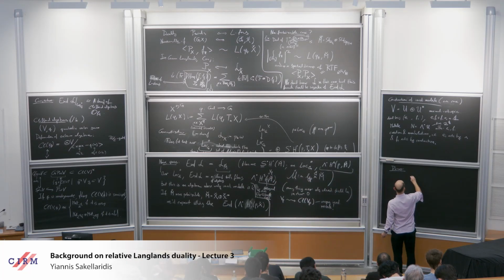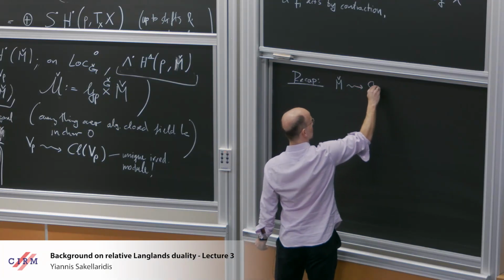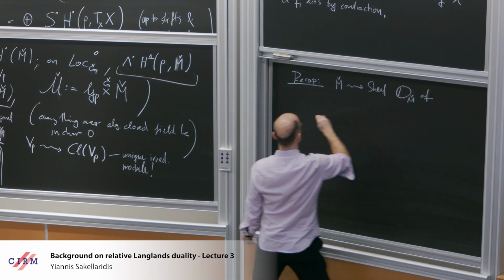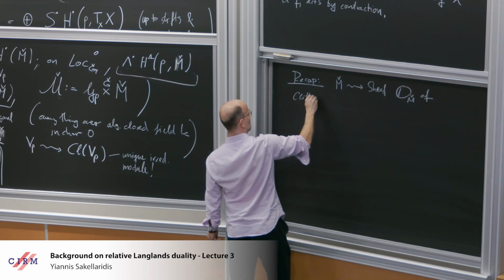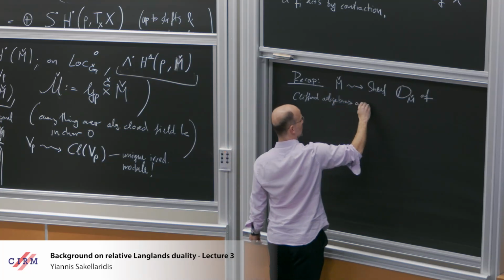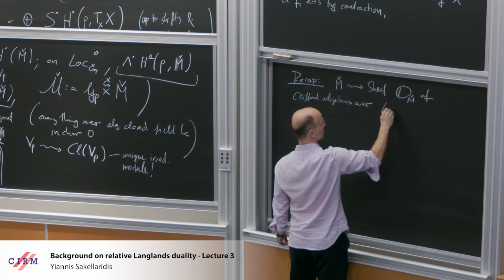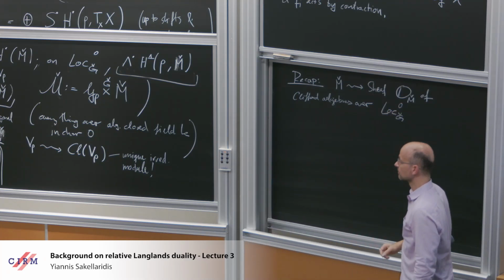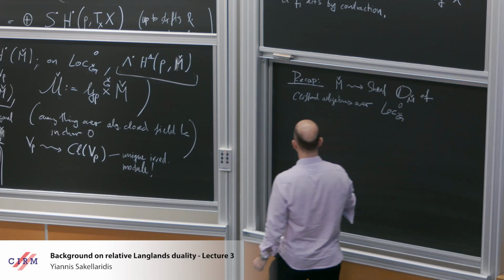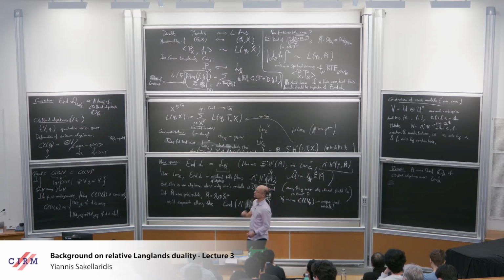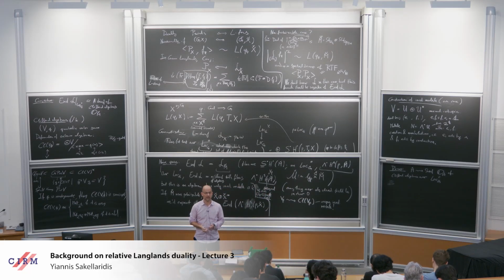So M check is going to give a sheaf O M check of Clifford algebras over the good locus of log G check. And the conjecture is that this is the endomorphisms of the unknown L-sheaf.